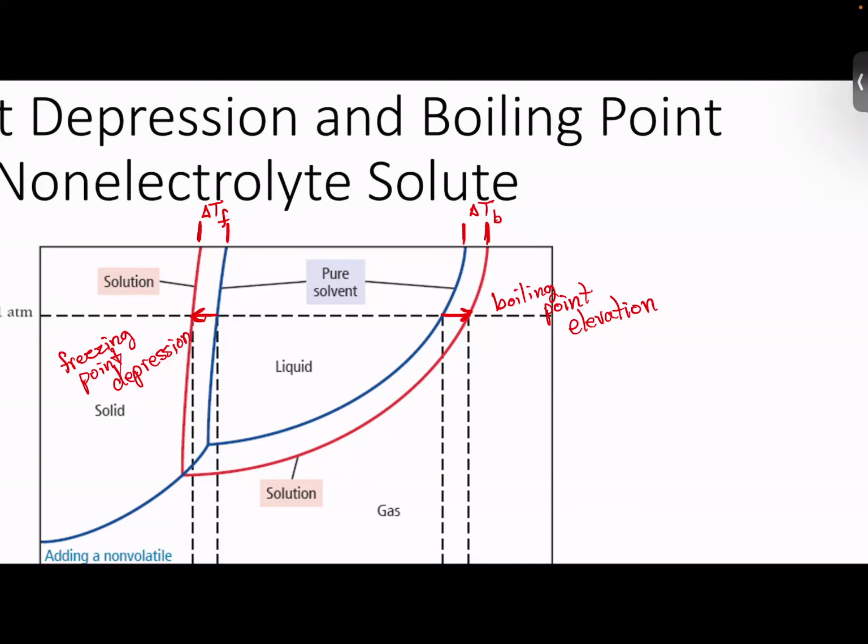Now, the first thing I want to do, because you're going to see it multiple times today, is delta. Delta means change in. Just like Q equals mCΔT, where the change in temperature was T final minus T initial, anytime you have delta, it means final minus initial.